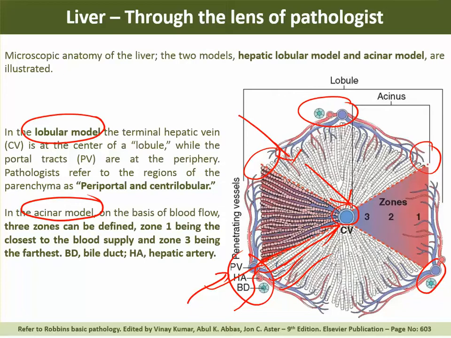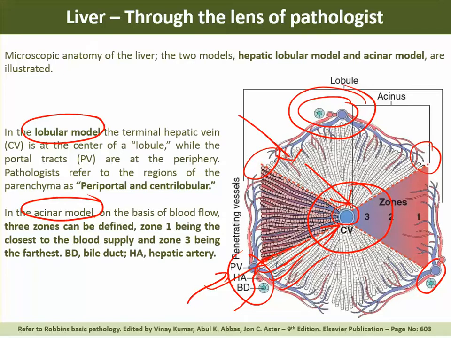and goes to the central vein. So the area surrounding the portal triad will get very good oxygen. That is called the periportal area. The area surrounding the central vein is called the centrilobular area.